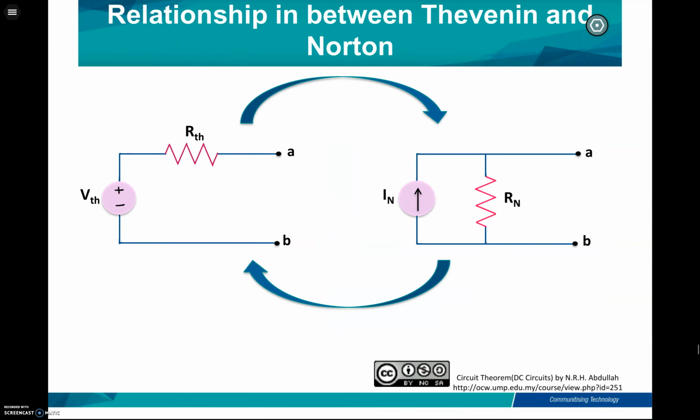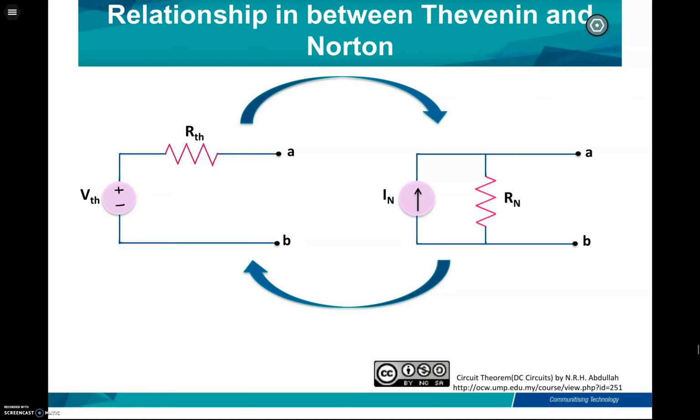As I mentioned previously, this is the relationship between Thevenin's and Norton's, the same as source transformation. Therefore, if the question asks you, after you already solved the Thevenin's or Norton, and then the next question asks you to draw the Norton's or Thevenin circuit, what you can do is, there is no need to do step 1 until step 5.